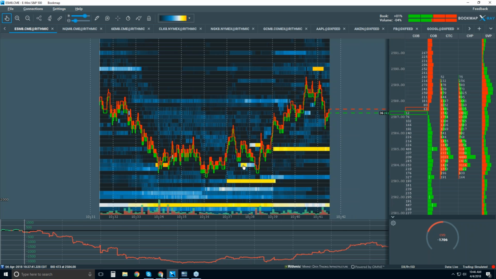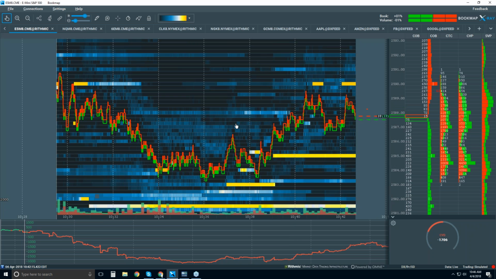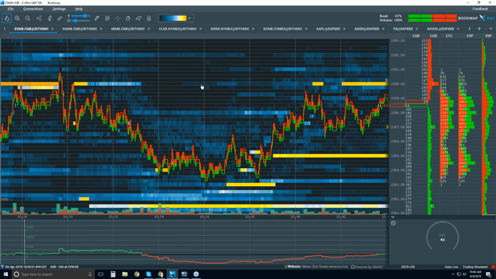So we can start to piece this together. Now, where are we looking for this to go? Well, it's looking for high liquidity on the offer. And where are they? They're up here at 90. We see little areas as well, 88 for example, but the majority of it is up here at the top of the range.